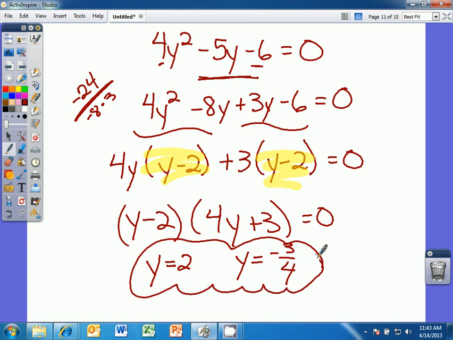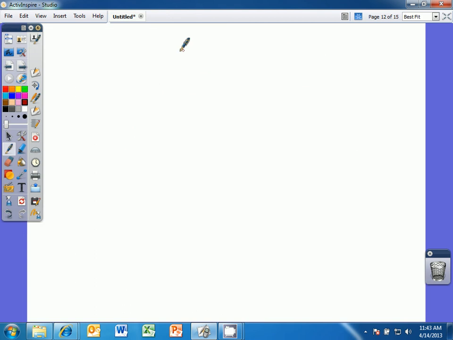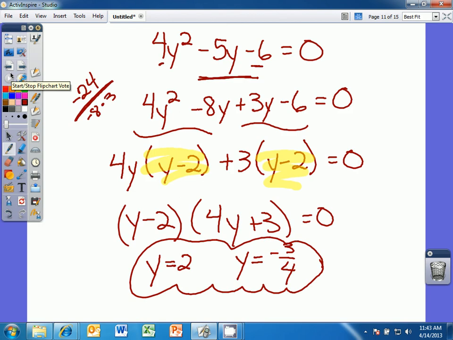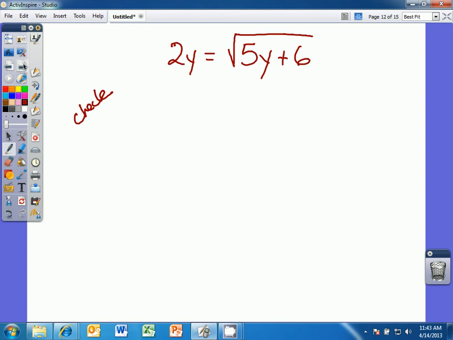I always have to go back and check my work. So I'm going to go back to my original problem, which was 2y is equal to the square root of 5y plus 6, and I'm going to check my two answers that I just had, which were 2 and negative 3/4. I'm going to check 2 and I'm going to check negative 3/4.